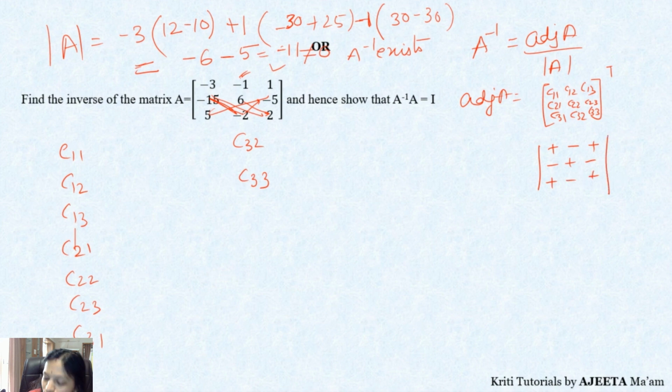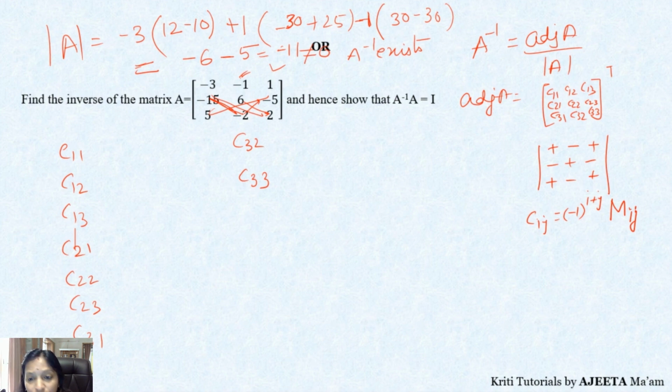This is what we use for the cofactor sign. If we write the generalized formula of the cofactor, what will it be? Minus 1 to the power i plus j into the minor. So minus 1 to the power i plus j, Mij. This is the formula of cofactors, but we are finding the cofactors directly.